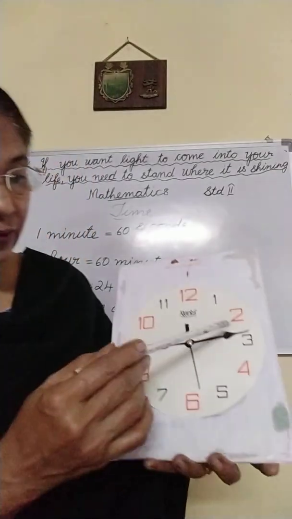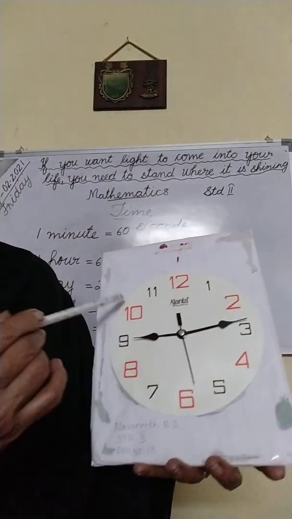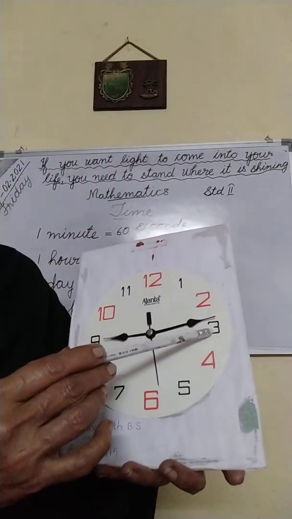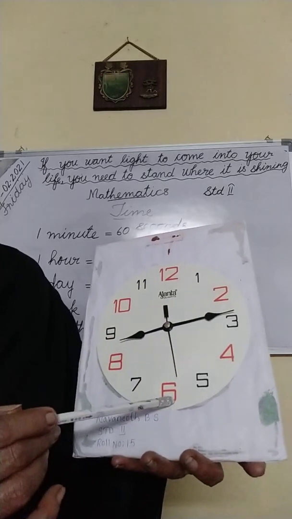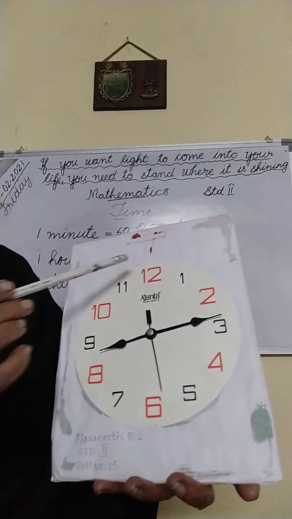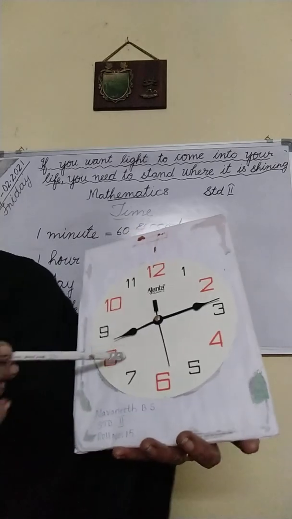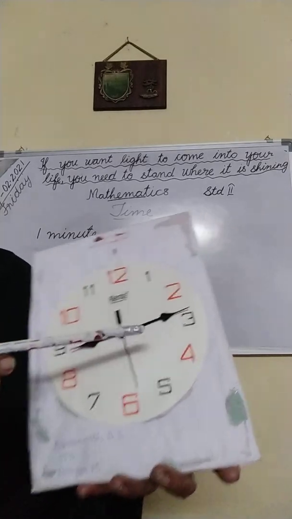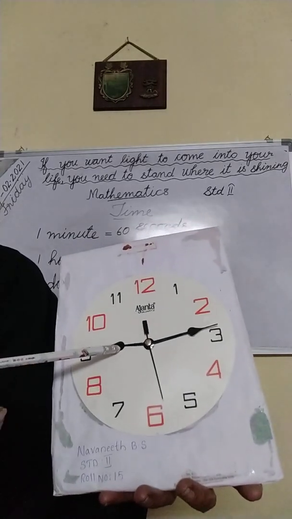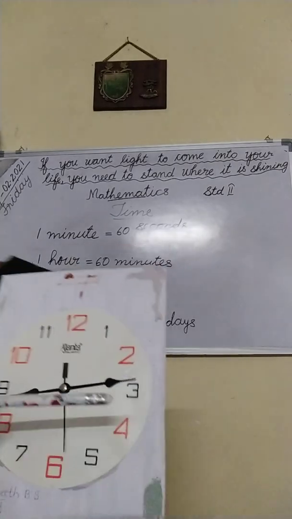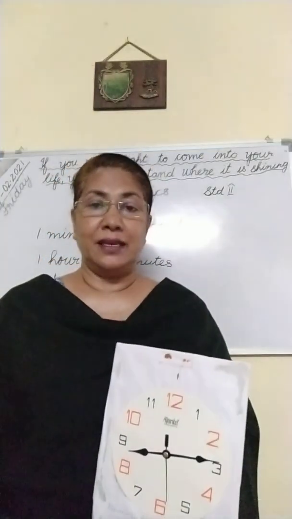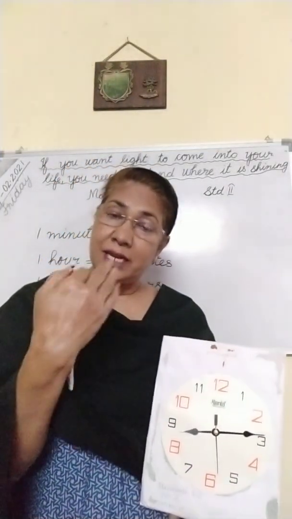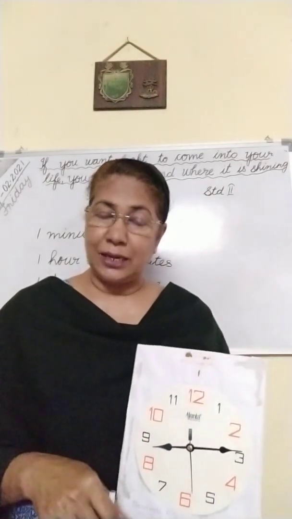So this clock is divided into how many portions you see? 4. This is one portion, this is another portion, this is another portion, and this is another portion. Okay. Now, instead of saying 9:15, we say quarter past 9. That means quarter hour is passed after 9 o'clock.